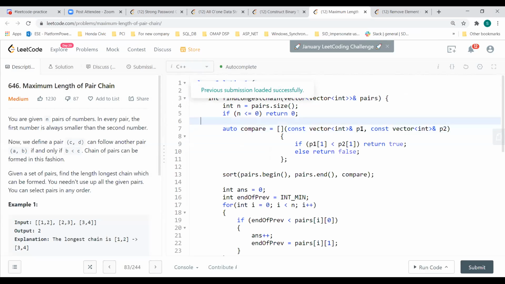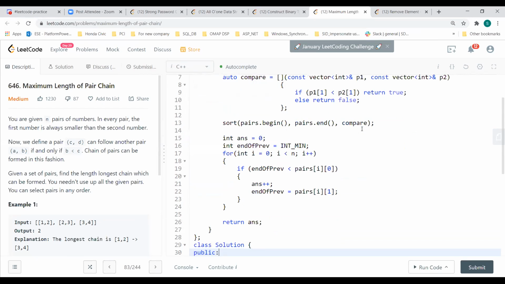Okay, so this is the sorting. For sorting, this is the comparator. I'm just sorting based on the end values of that pair. I return true, and then just use that comparator in my sort function. Initially my end is at the minimum int value.